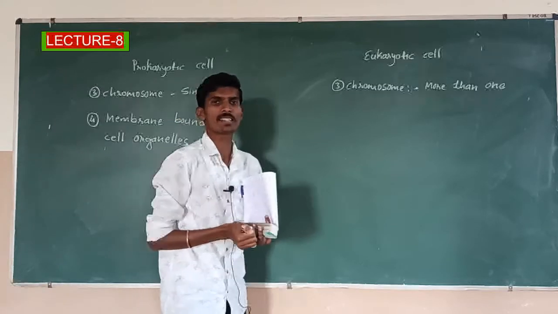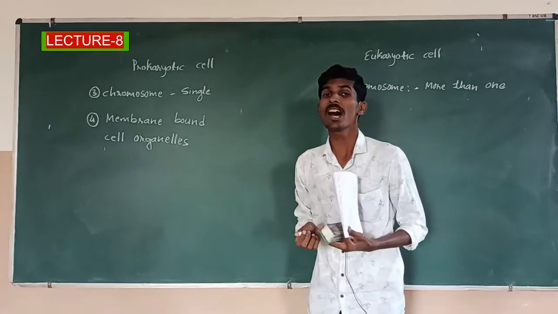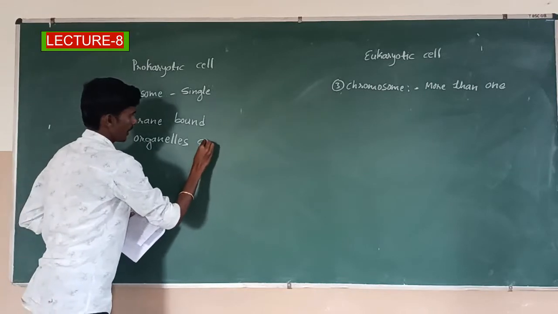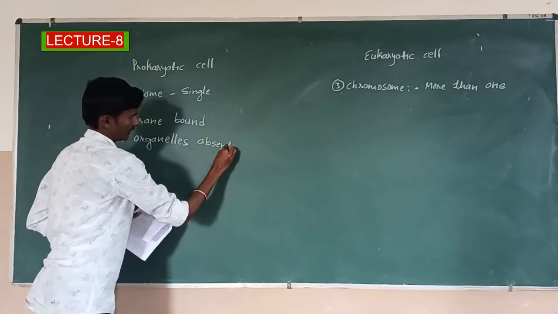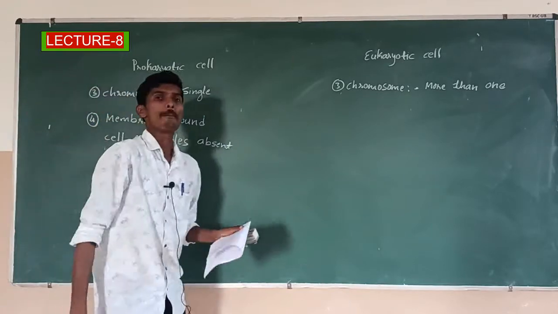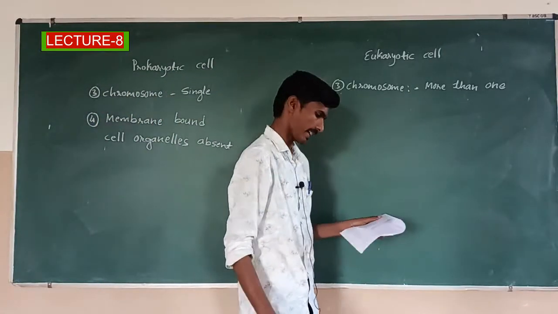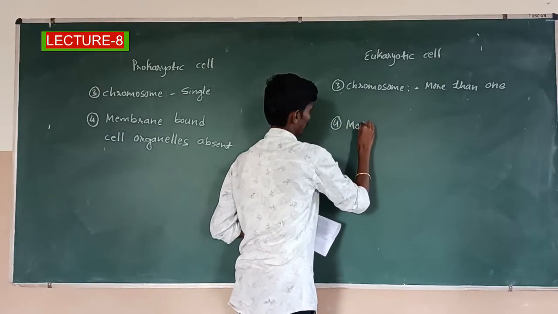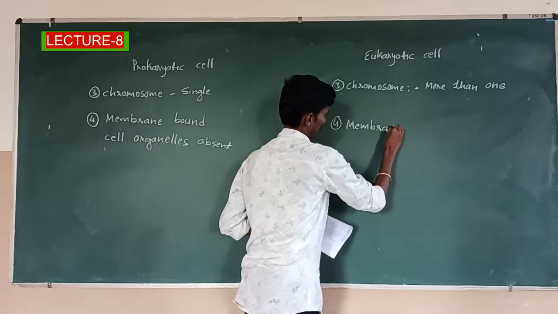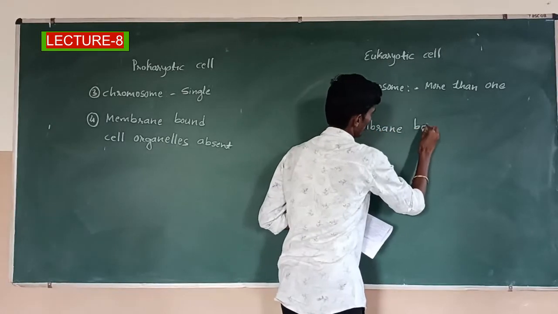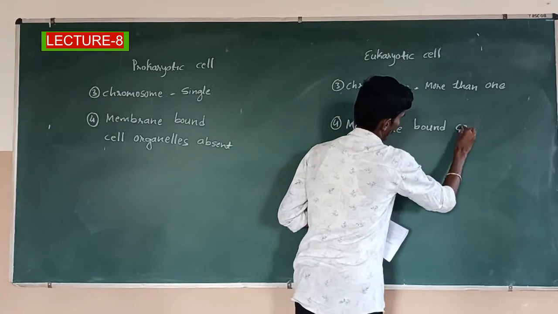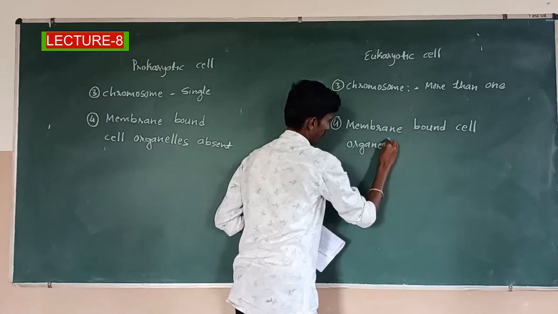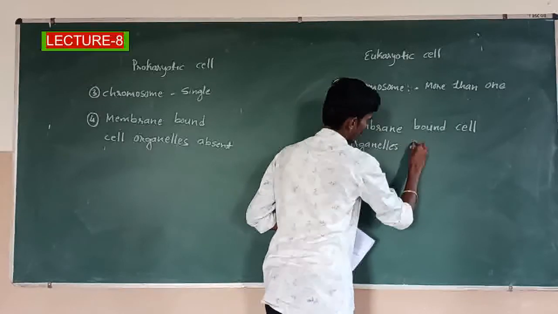In prokaryotic cells, membrane-bound cell organelles are absent. In eukaryotic cells, membrane-bound cell organelles are present.